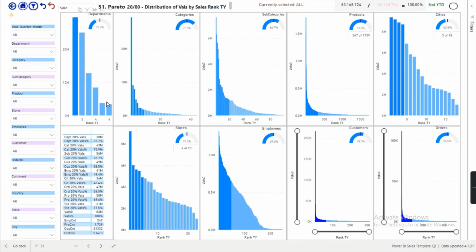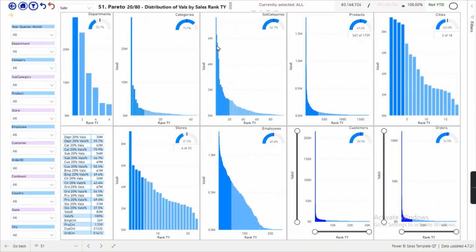So it says that we have a lot of categories here that are generating few sales. Maybe if you cut the last of them, we'll get a cleaner and simpler business.